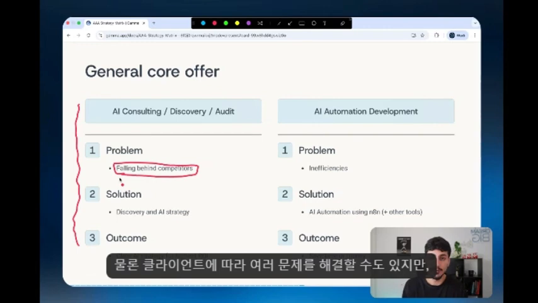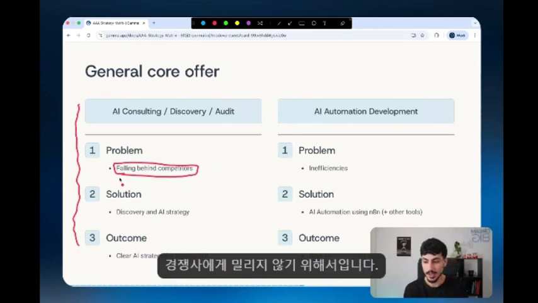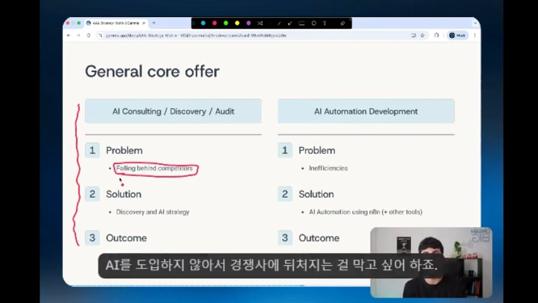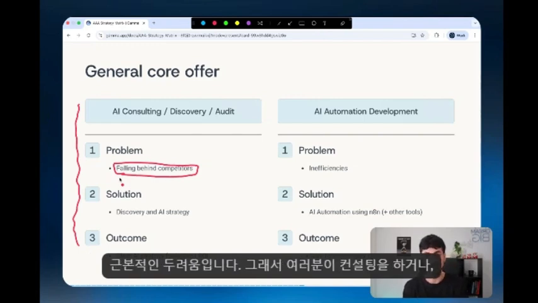It could be solving multiple problems depending on who the client actually is, but generally the reason people want to implement these AI solutions in their business is because they want to make sure that their competitors don't crush them. They don't want to fall behind because they didn't implement AI. That's the fundamental fear that most business owners have when it comes to implementing AI.